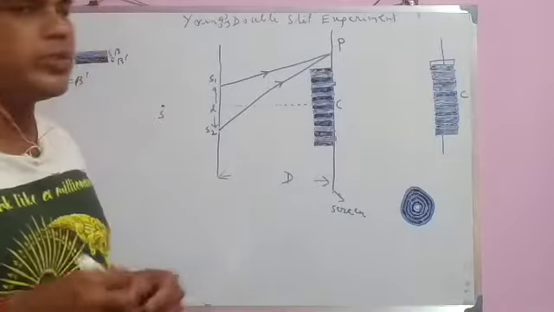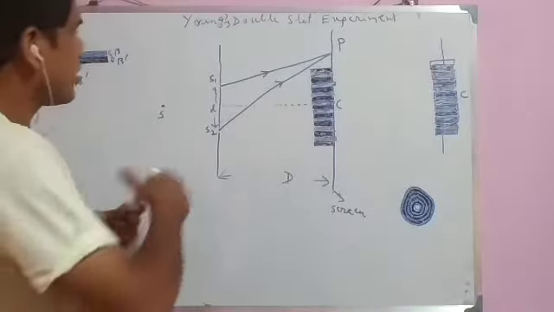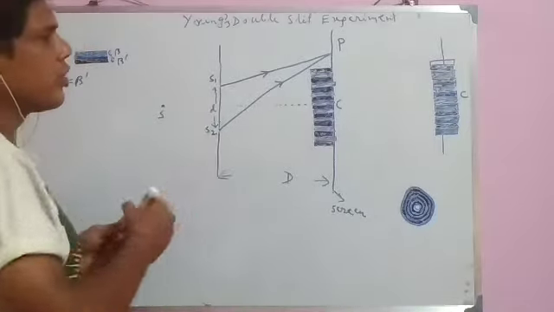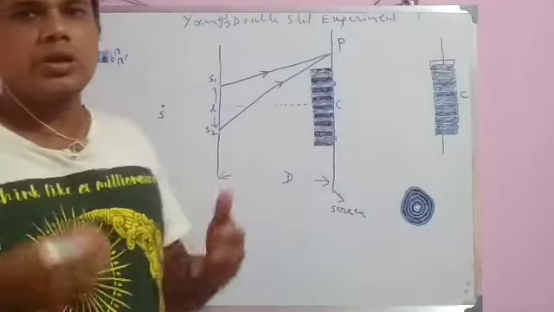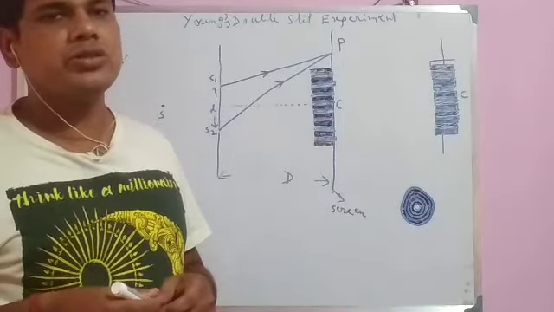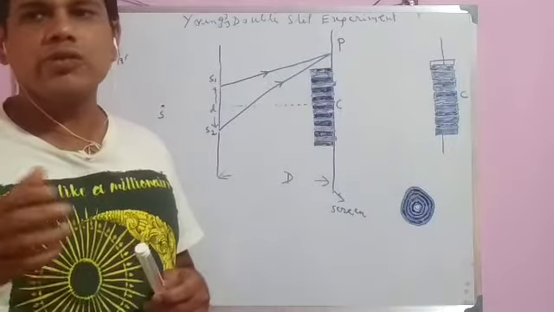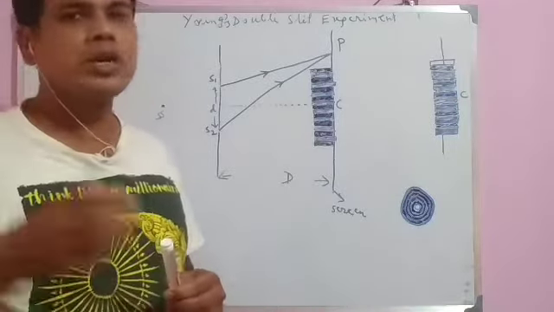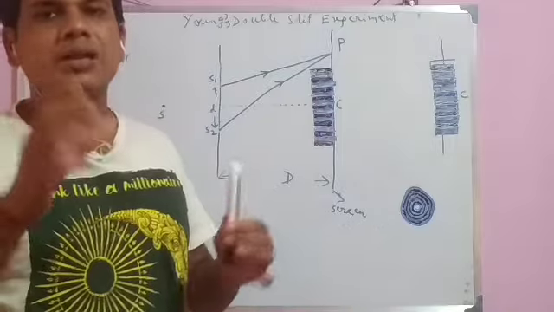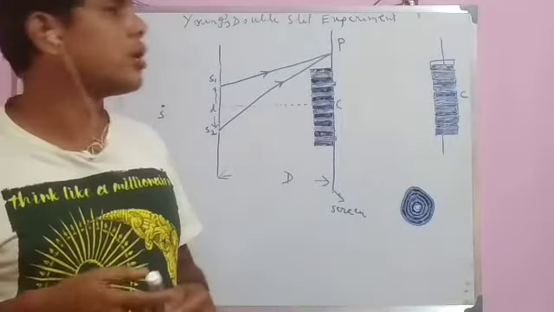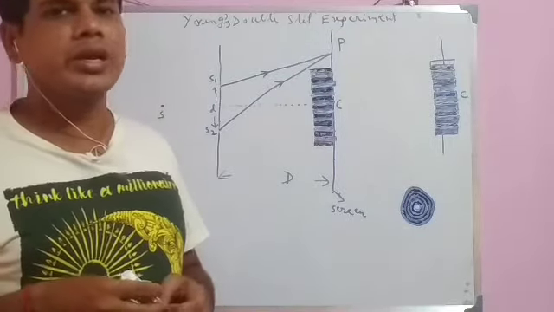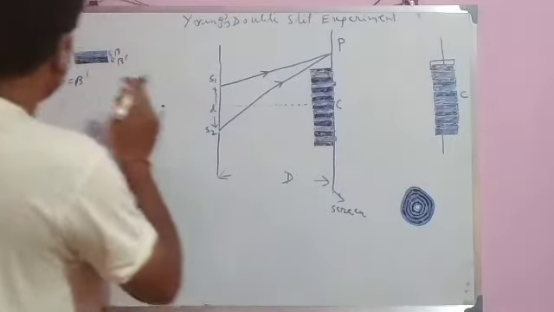Now, bright fringe means, suppose we are using blue light. Then the color of the bright fringe will be blue. If we use green light, then the color of the bright fringes will be green, and these are shown here.